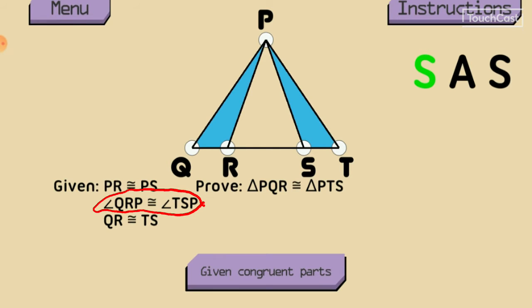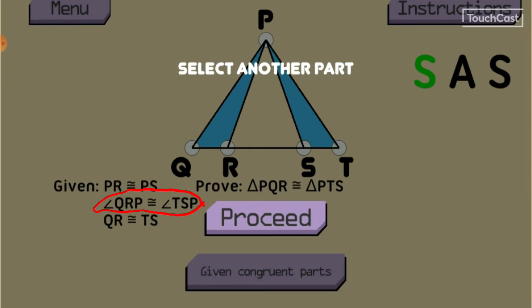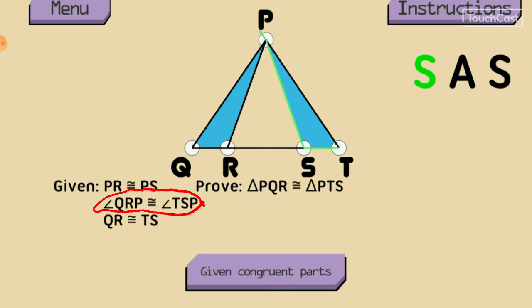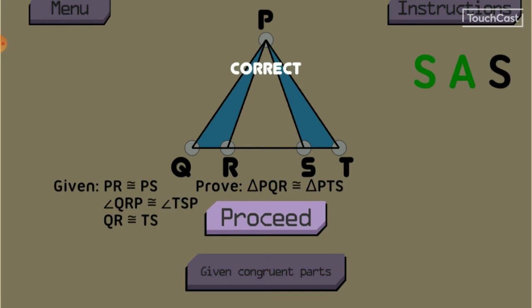So let's trace QRP, okay, and select another angle, TSP, and the feedback says it's correct. And notice that the angle part of SAS is highlighted.